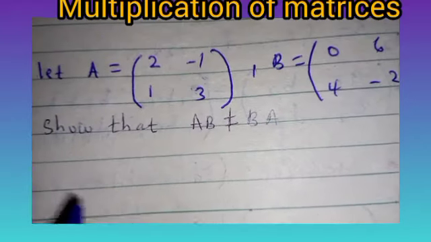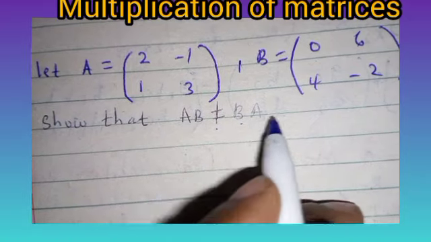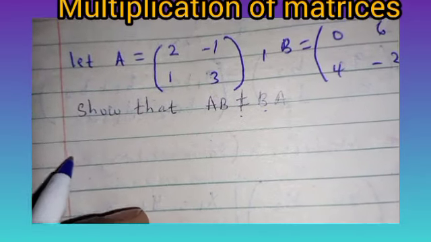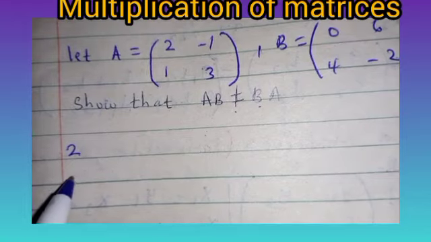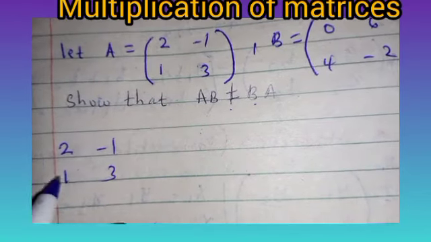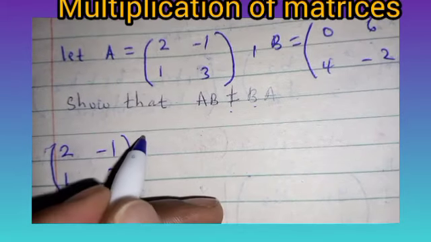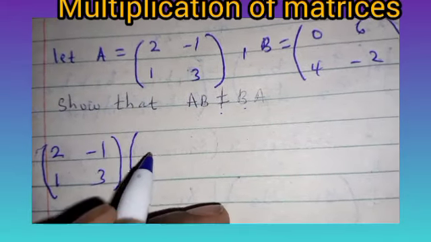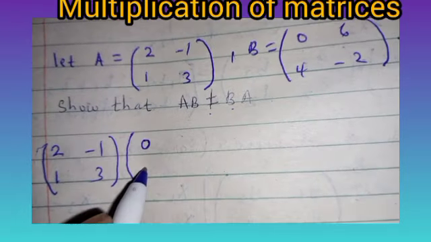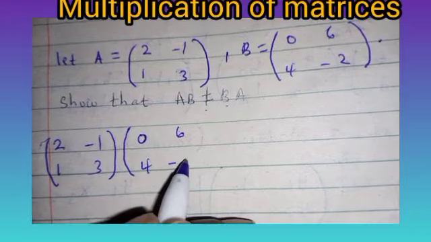Here you are required to show that A times B is not equal to B times A. So you are going to have 2, 1, negative 1, 3, multiplied by 0, 4, 6, negative 2.